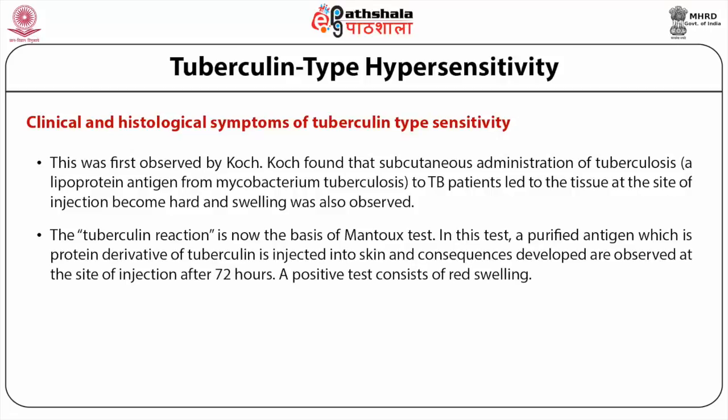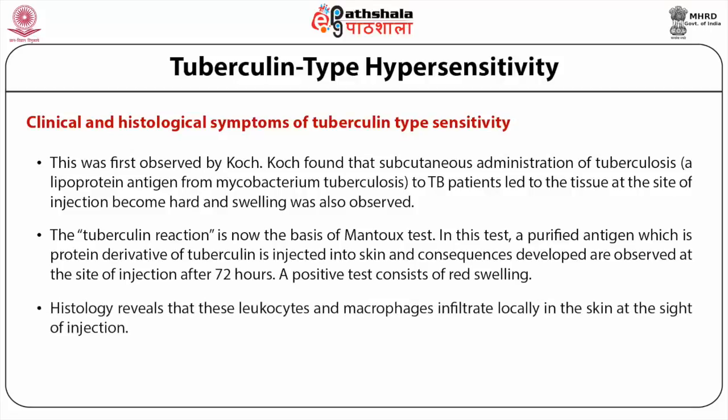The appearance of the red swelling is considered as an indication of a positive test. Histology reveals that these leukocytes and macrophages infiltrate locally in the skin at the site of injection.